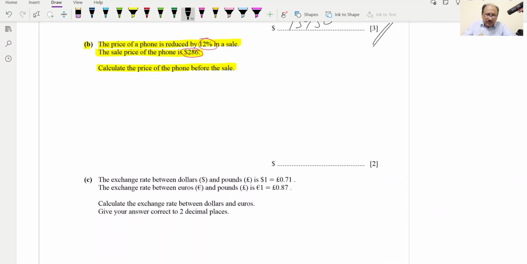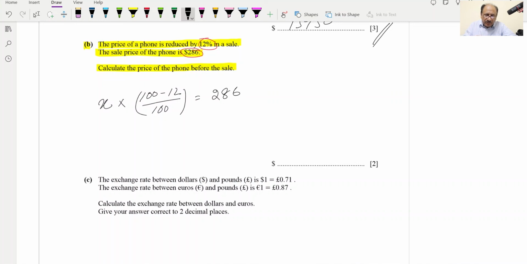So we suppose x is the original price, and a reduction by 12% means multiplying by 100 minus 12, divided by 100. The final sale price is 286.